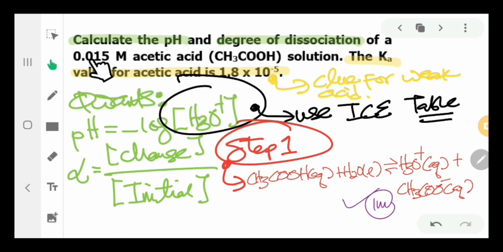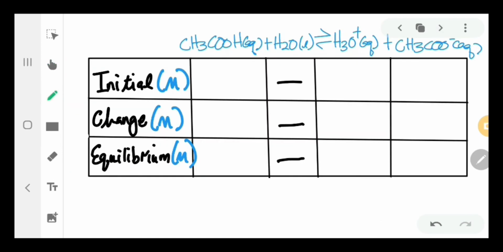The initial concentration is 0.015, so we fill that in. We don't have the products being produced yet. By writing this correctly, you get another 1 mark.